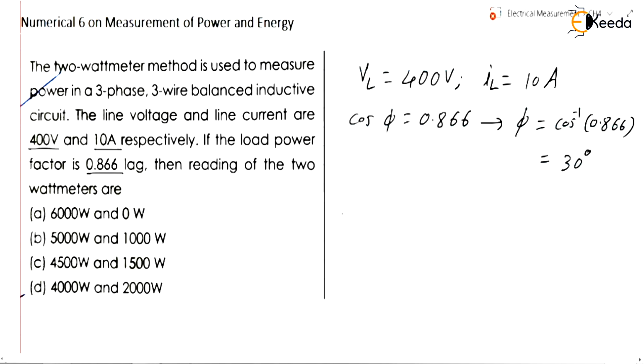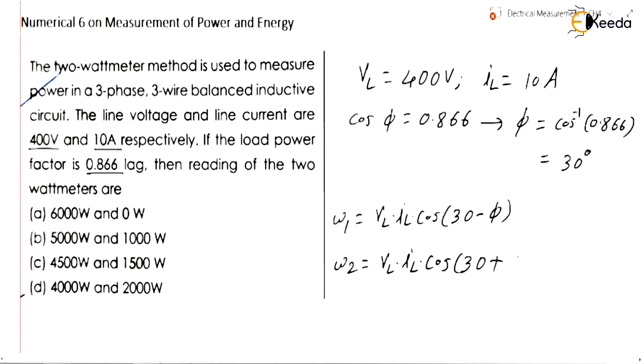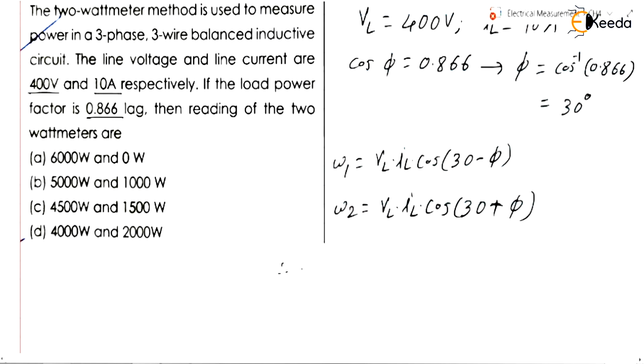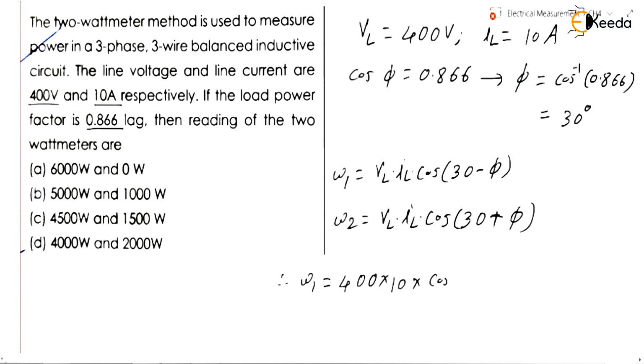The reading of wattmeter W1, as we know, is VL into IL into cos of 30 minus phi, and for the second it is VL into IL into cos of 30 plus phi. We have already derived the expressions, right? So W1 is equal to VL, 400, into IL, 10 ampere, into cos of 30 minus 30.